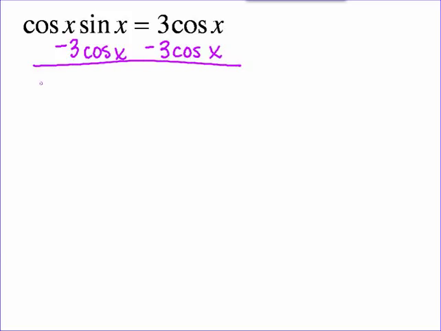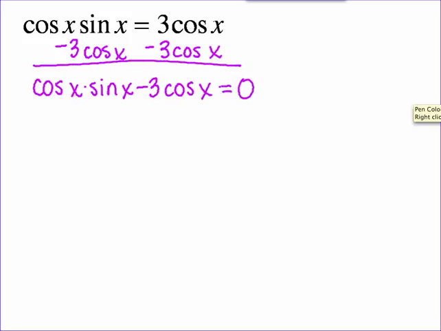So if I subtract, I end up getting cosine x times sine x minus 3 cosine x, and that's going to equal 0. So now you have 2 quantities. What do you notice about each of those quantities? They each have a cosine. So I'm going to factor a cosine out, and when I take that cosine out, I'm left with sine x minus 3.